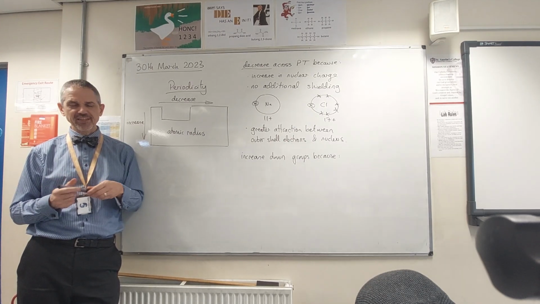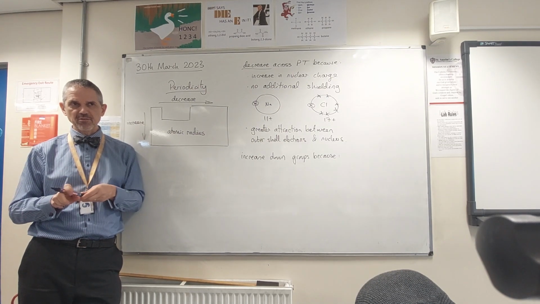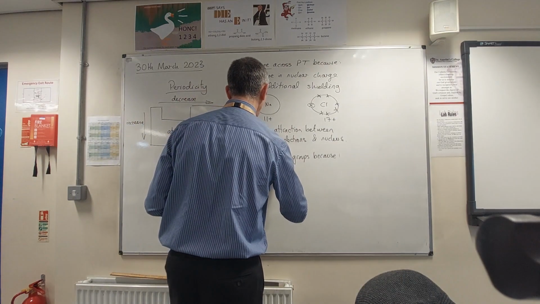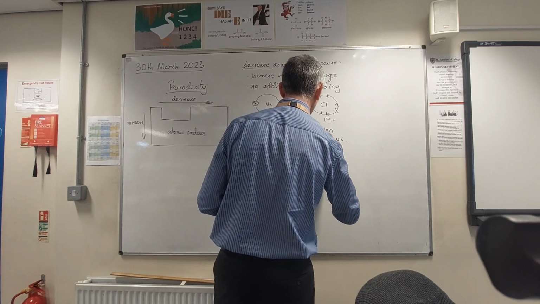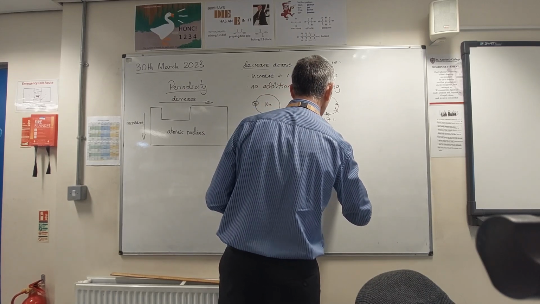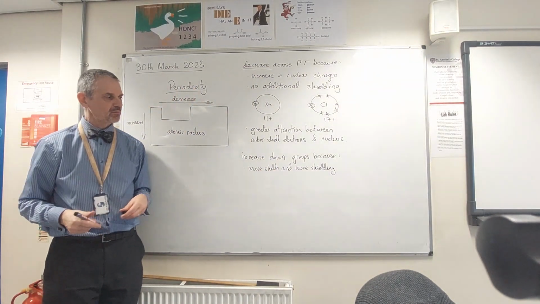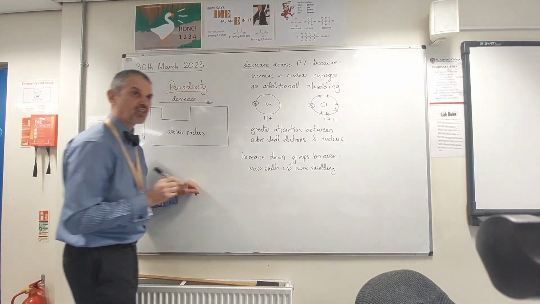Just focus on the electrons. There's more shielding, because more shells are being filled. So more shells and more shielding. I would try and use those 2 together. They kind of come together. More shells, more shielding. They both begin with sh.